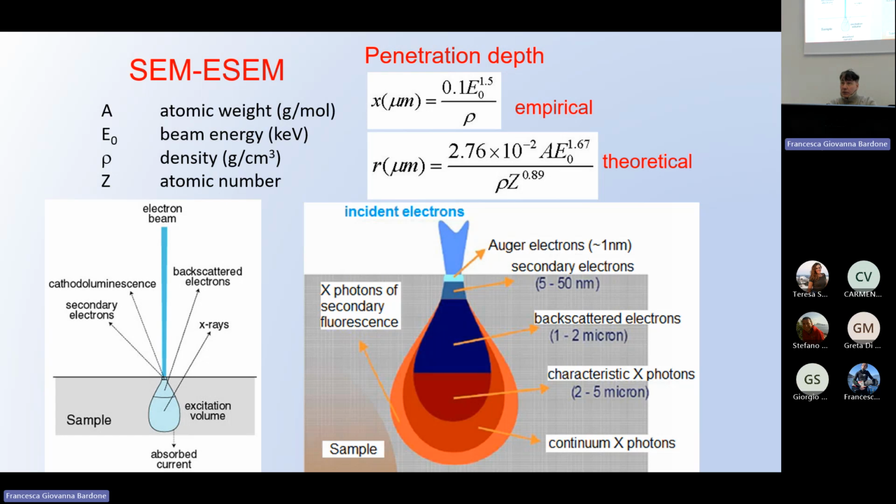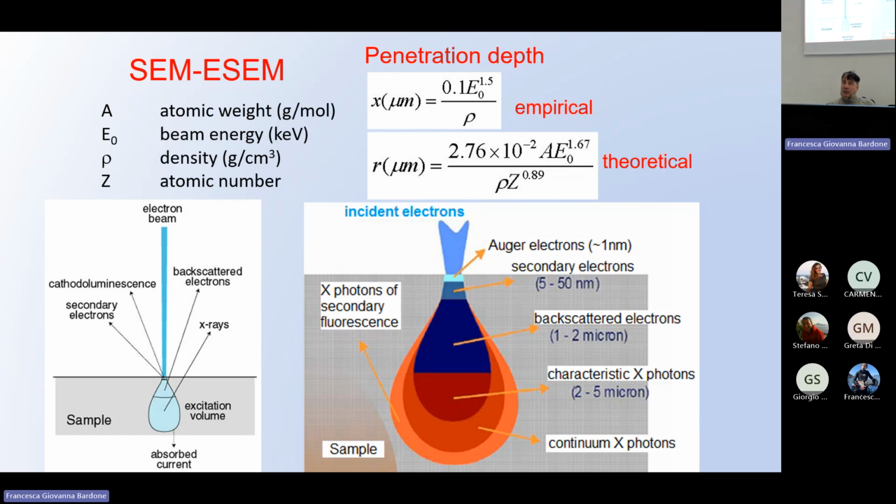What I was saying before, remember, you don't only have to look at the type of signal for a specific application, but you need also to understand from which volume they come. Even if you focus your electrons in a 1 nanometer probe here, what happens to your electrons inside the material?